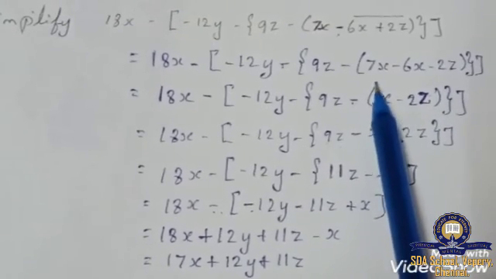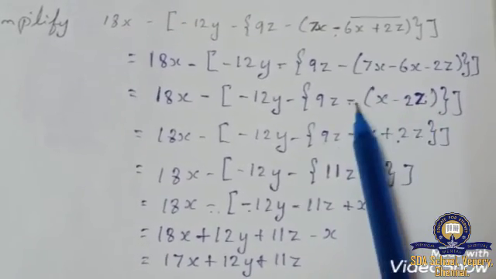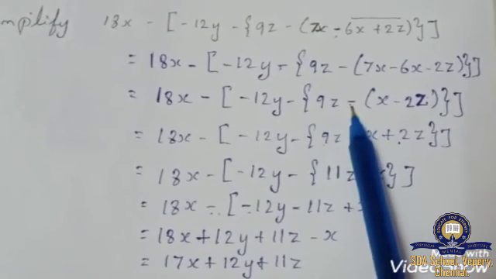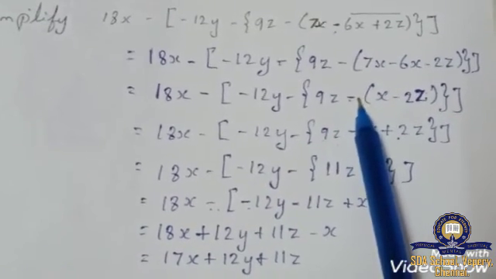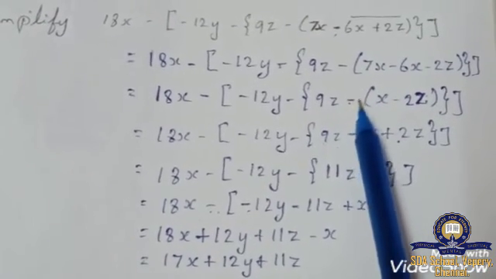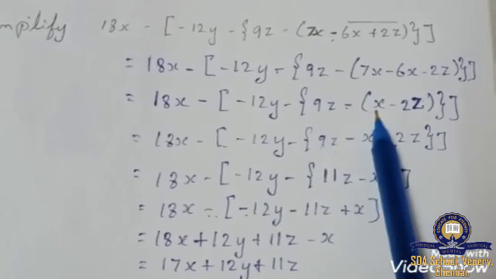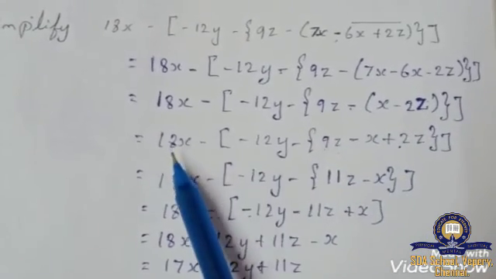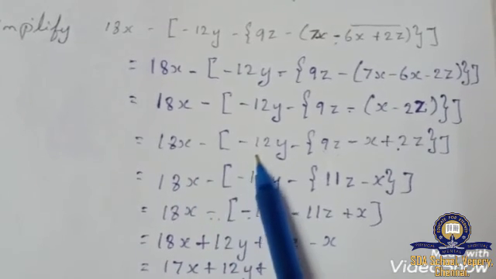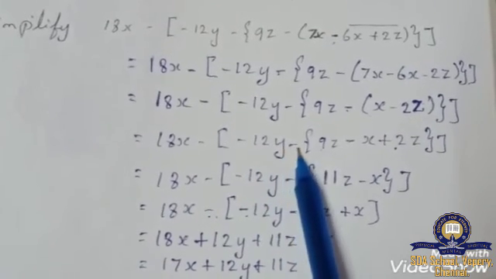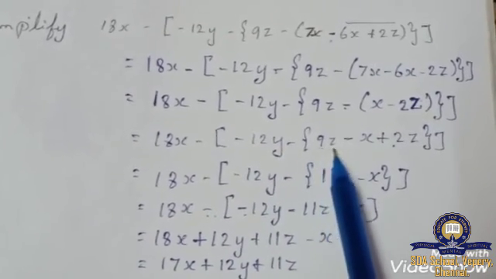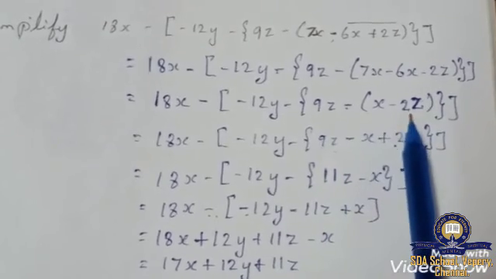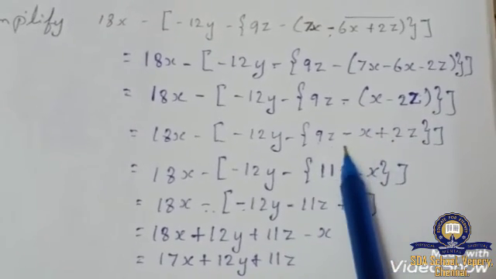Okay. Next we're going to remove this bracket. So here we have a minus sign. So whenever we remove the minus sign, the sign will change inside the brackets. So we get 18x minus the bracket minus 12y minus the bracket 9z minus x plus 2z.